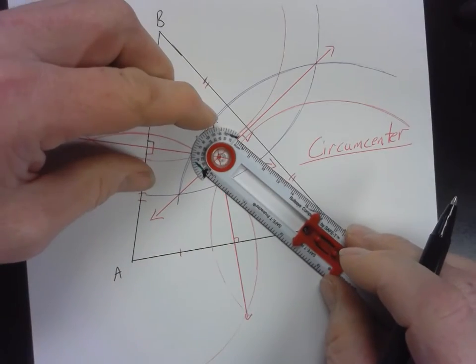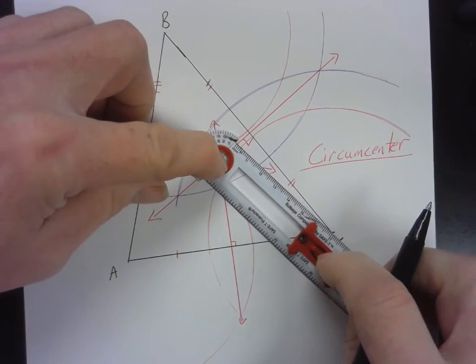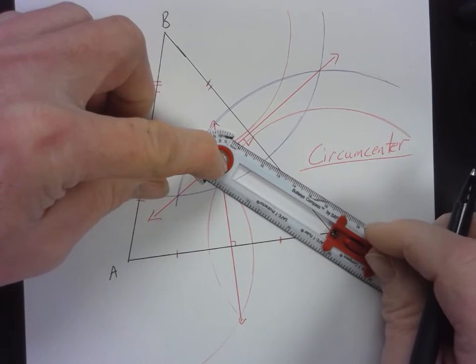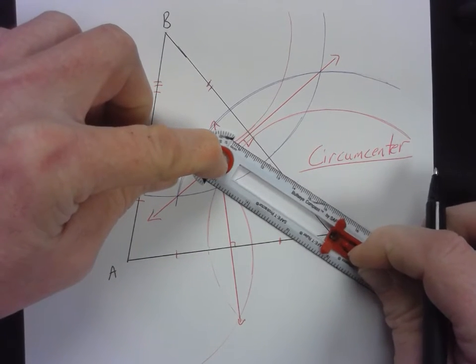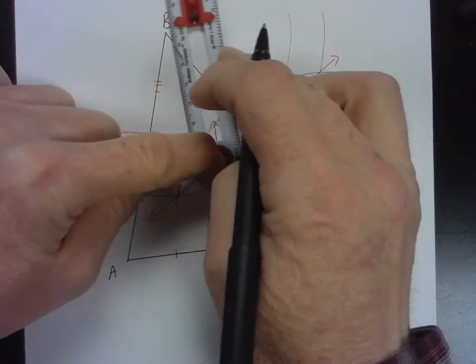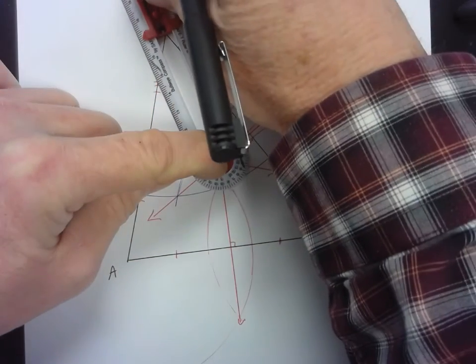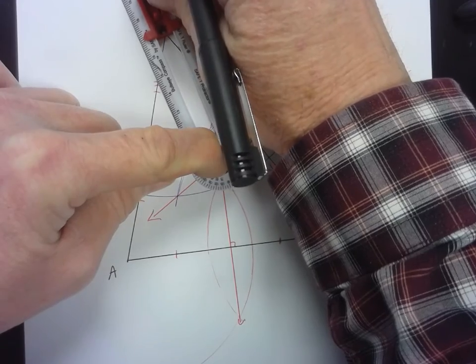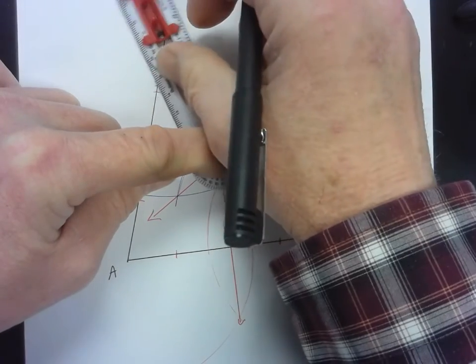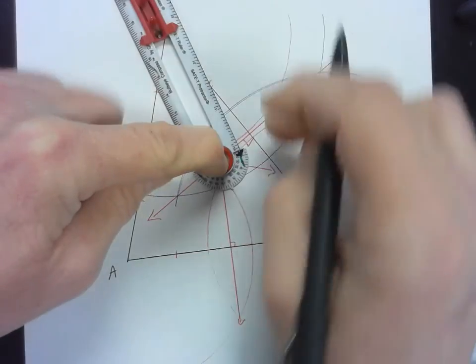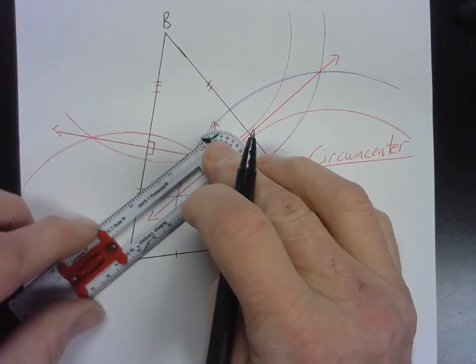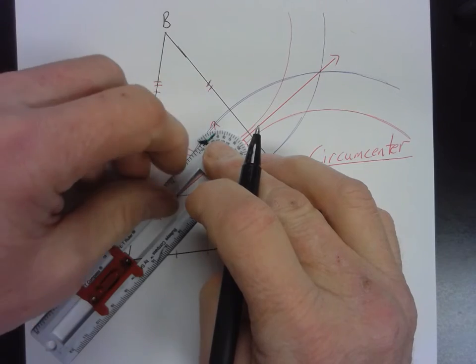Check this out. Don't take notes right now. Watch. So I'm saying that distance there and this distance here, let me see if I can get it. It's really hard to get it just perfect. I think we're pretty good.